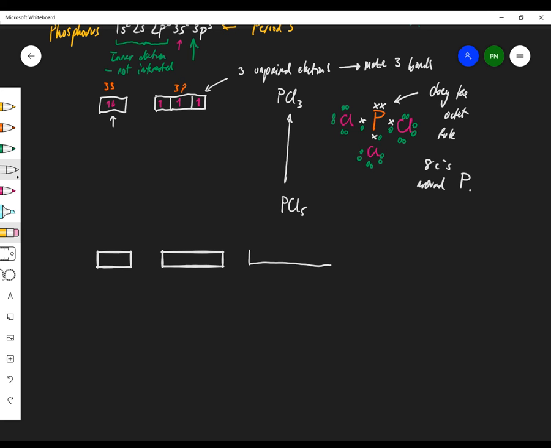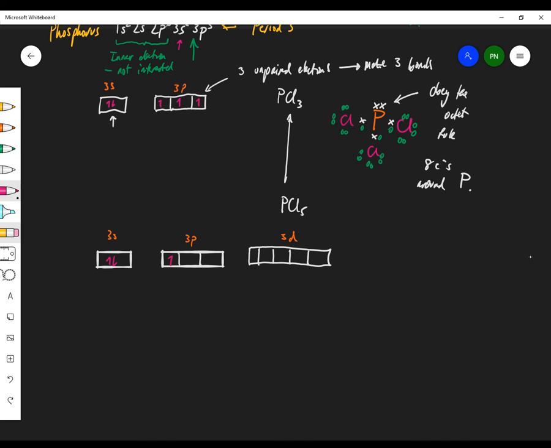And now I'm going to draw the 3d's, split up into 1, 2, 3, 4, 5. These are the 3s, these are the 3p's, and these are the 3d's. Now let's populate my electrons.